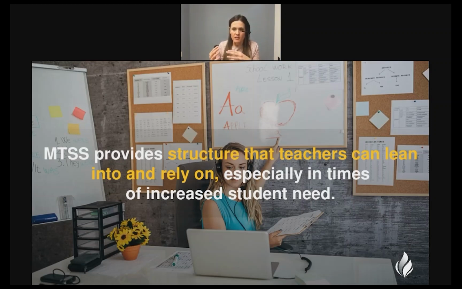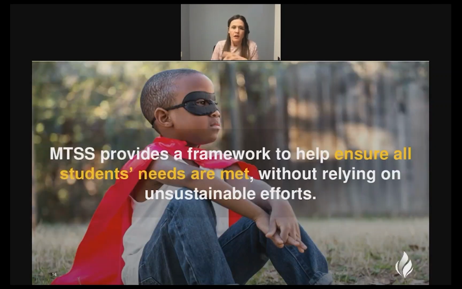What we know is that when things are in disarray or in a time of confusion, having frameworks and structures in place really helps us to make sure that we're aligning and that we know what to do, so that we're not panicking. And so MTSS really does provide that framework to help ensure that all students' needs are met without relying on unsustainable efforts.